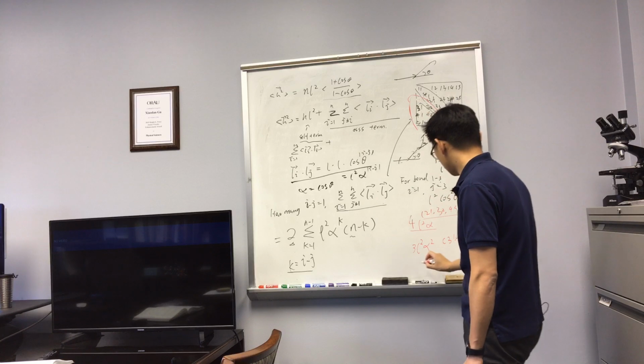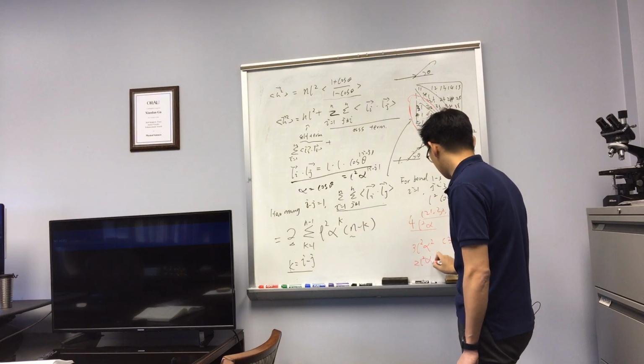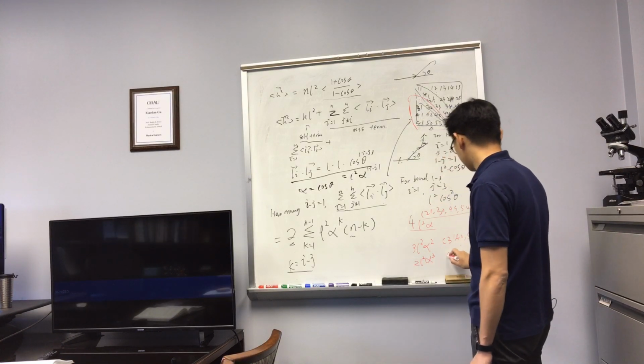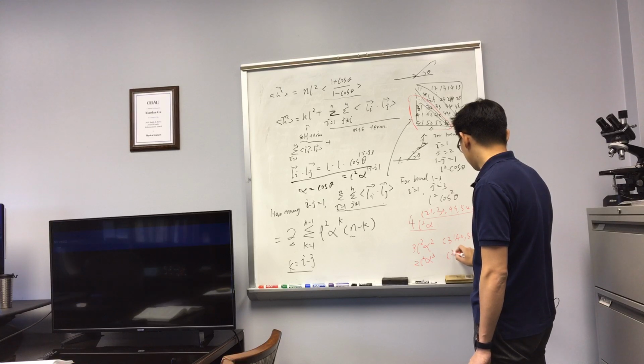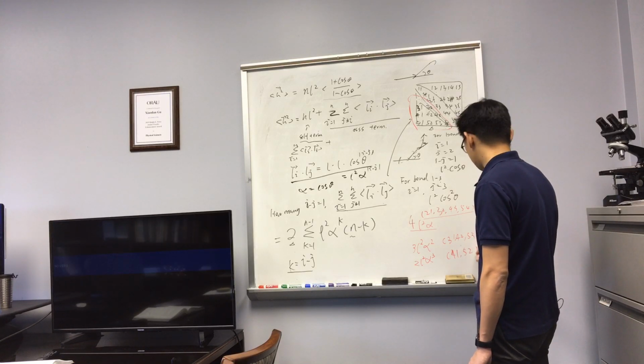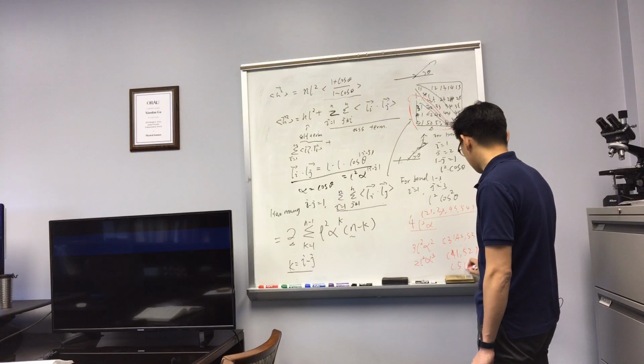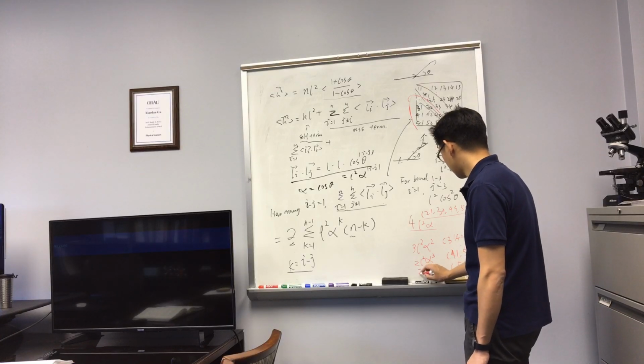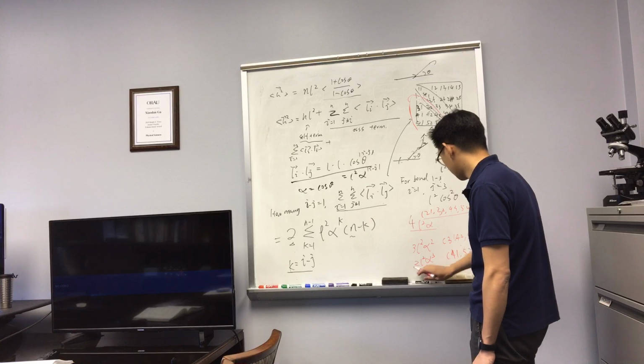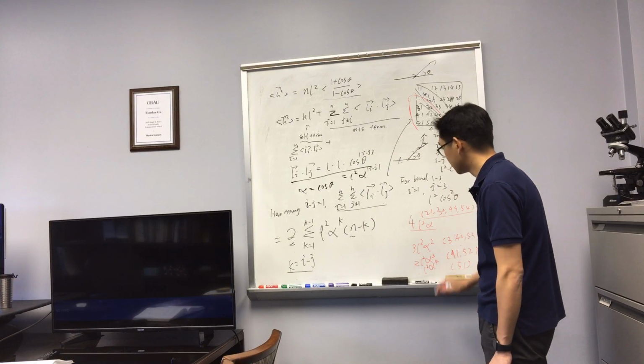Then you've got 2 of L square alpha cubed, which are 4,1 and 5,2. And you have 1 L square alpha to the 4.